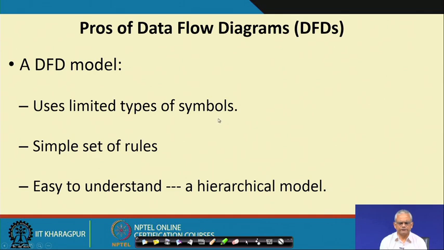We can learn the 5 symbols in no time. The set of rules by which we combine these symbols to model a system is very simple, and also it is a hierarchical model. We start doing something very simple and slowly add more details to it, and therefore, even while developing a very sophisticated model, we find that it becomes easy.